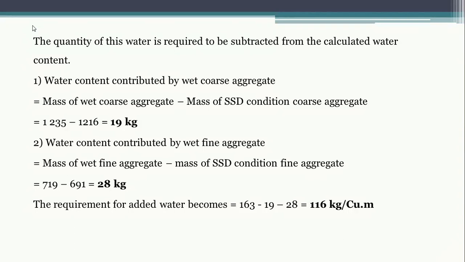So 163 was the total water content, minus 19 minus 28, so we'll get 116 kg per meter cube. Now instead of 163, adding 116 kg per meter cube is quite sufficient, because the coarse and fine aggregates already have wetness. Already it has water content in it. So by adding 116, it will be balanced.